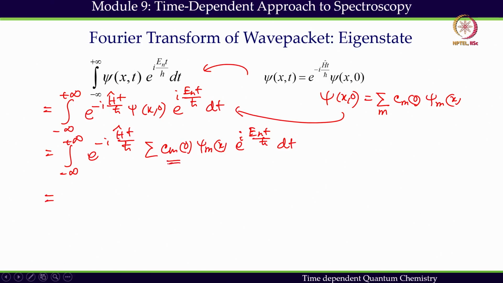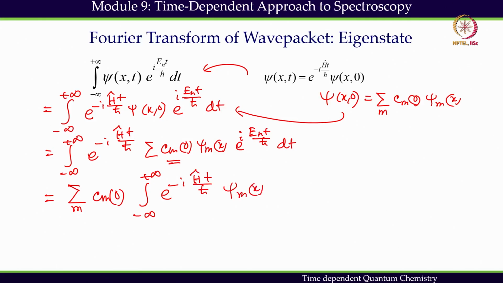This is not time dependent, so I'll be able to take it out, and then what I get is Cm(0), then the integral from minus infinity to plus infinity of e to the power minus i times the time evolution operator acting on this eigenstate wave function, times e to the power i En t by h-bar dt. So this is the integration we finally get.